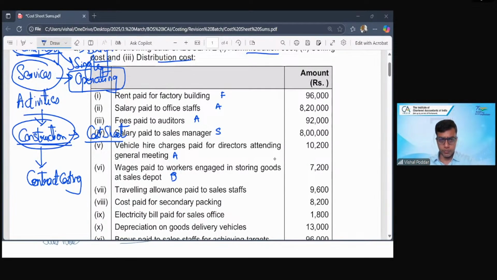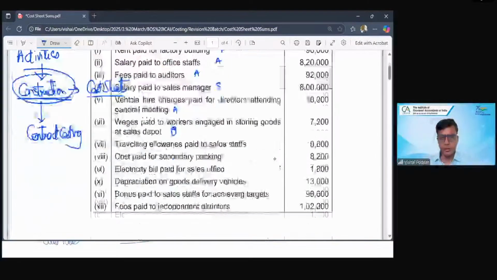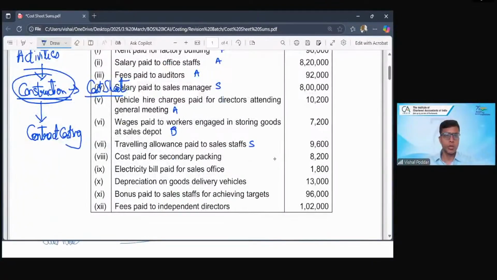Next, traveling allowance paid to sales staff, selling, no doubt. Cost paid for secondary packing. Now see, primary packing is the packing or the wrapper on the product. Secondary is the boxes in which the products are placed for the purpose of delivering it. So this is distribution. Electricity bill paid for sales office, selling.